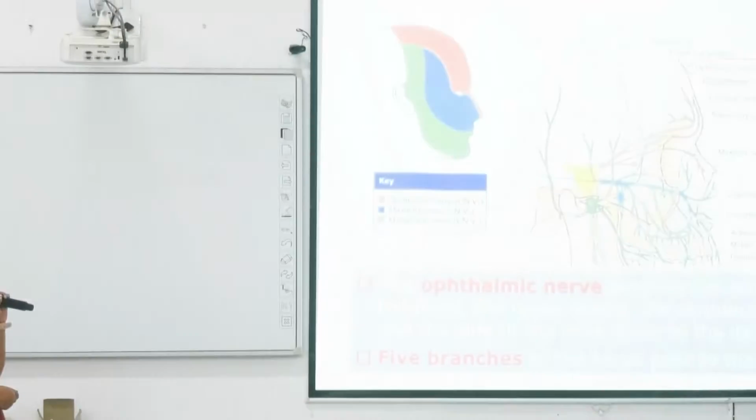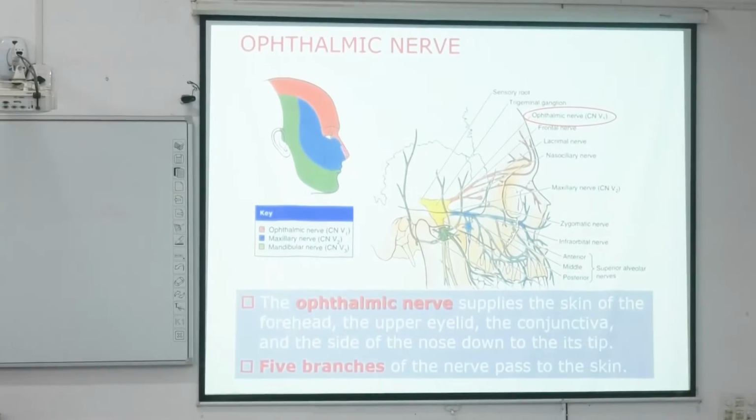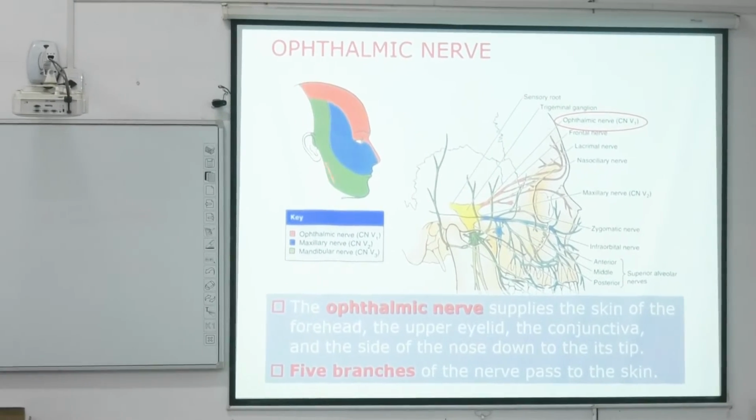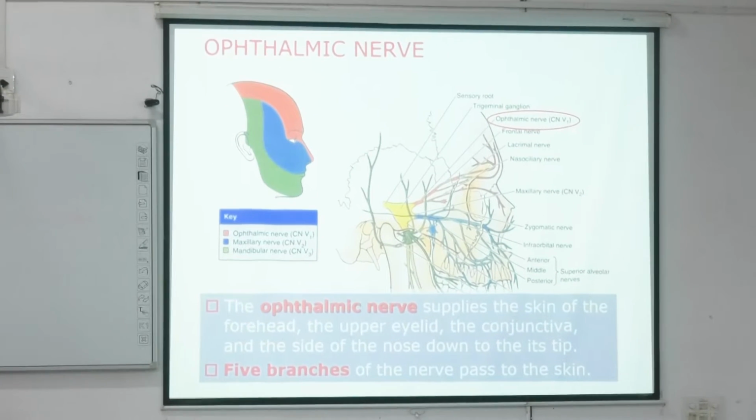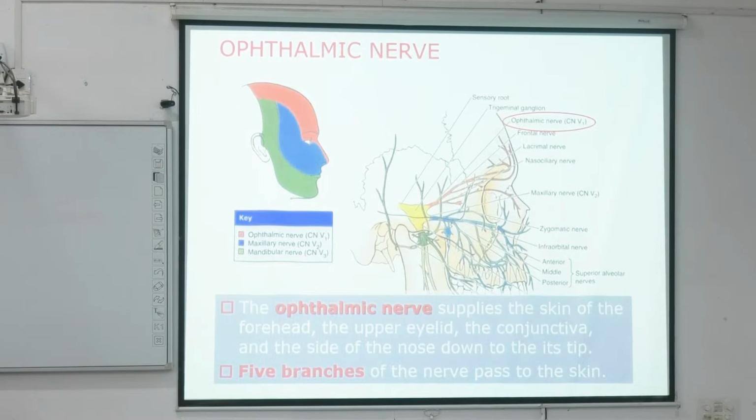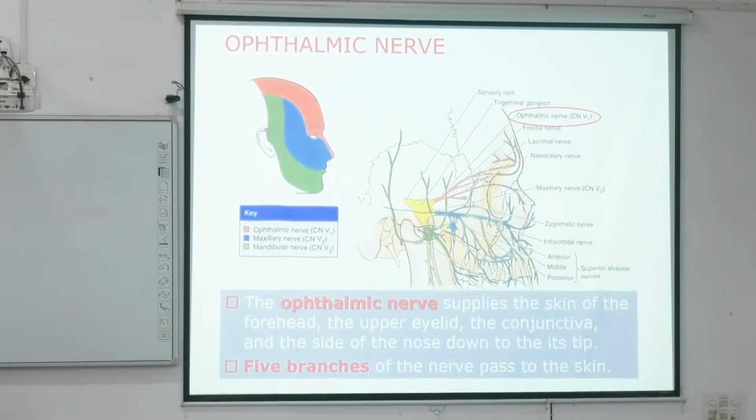Okay. Next. So this is the area of distribution: the red colored area is supplied by the ophthalmic nerve. You practice a schematic diagram like this. Okay. The blue colored area is supplied by the maxillary division, and the green colored area is supplied by the mandibular division.